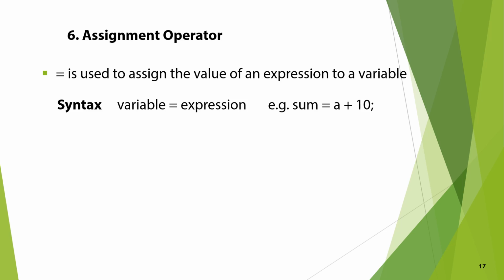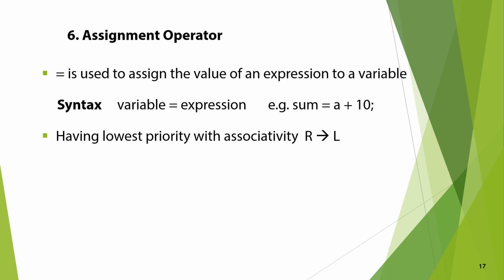Now see what the syntax is. Variable is equal to expression. For example, sum is equal to a plus 10. So a plus 10 will be evaluated first and then the result will be assigned to the variable sum.